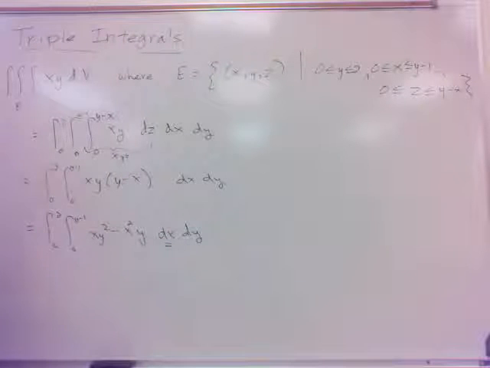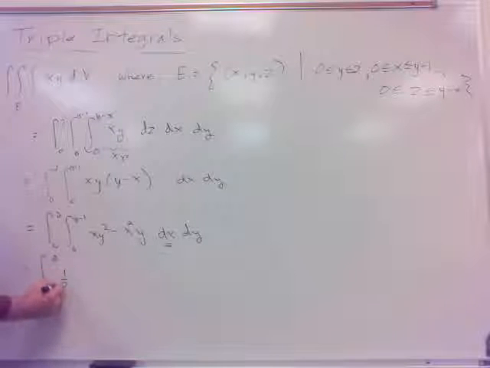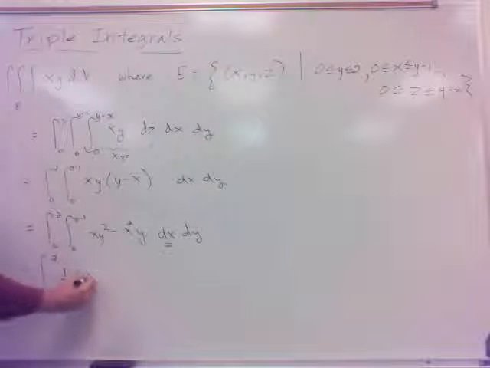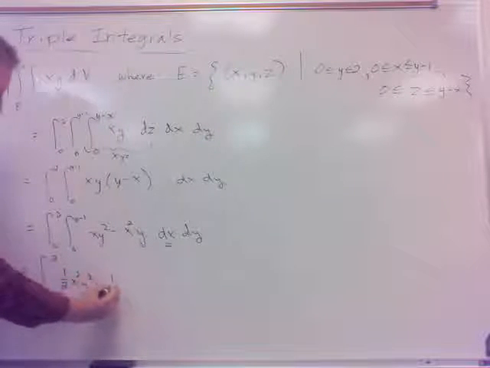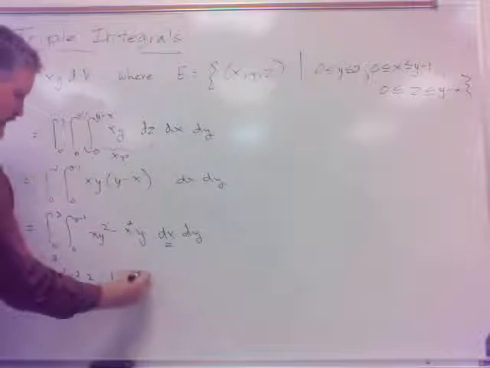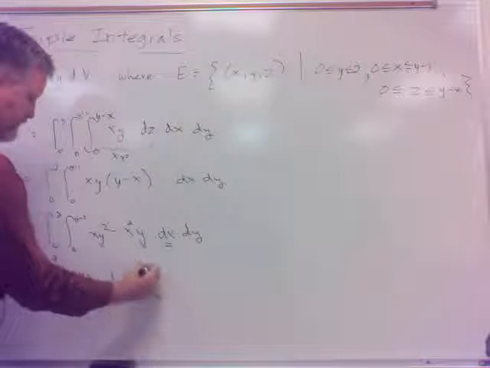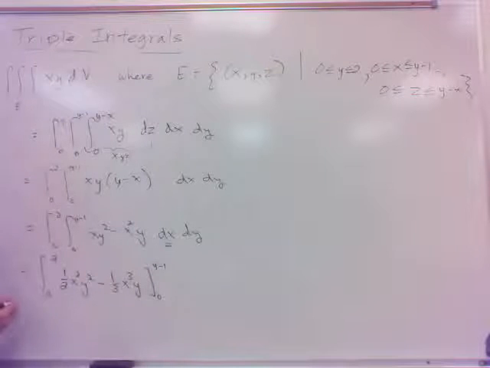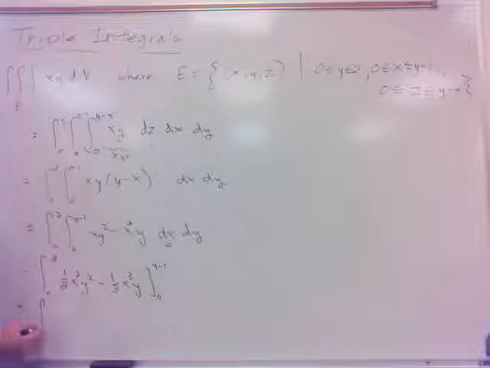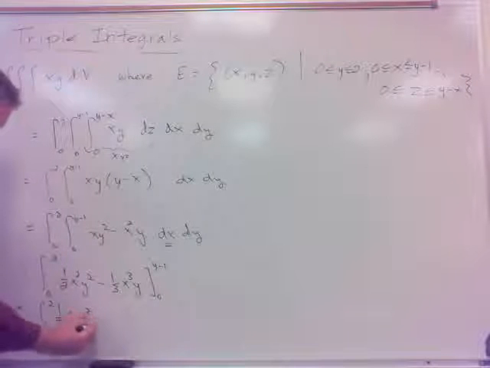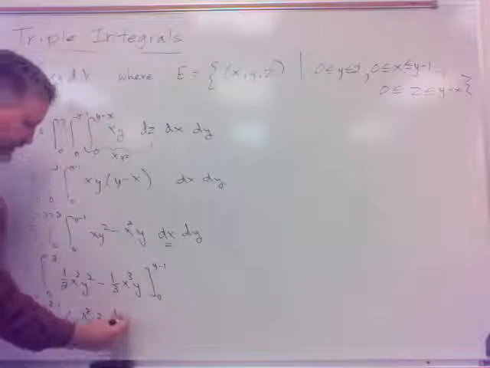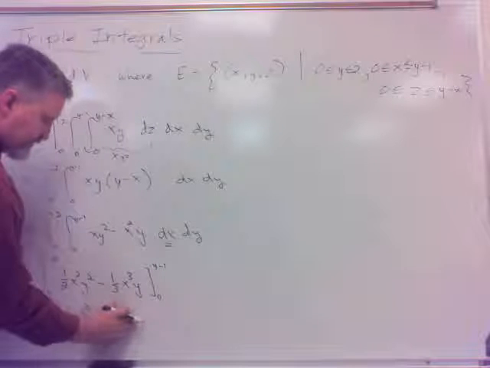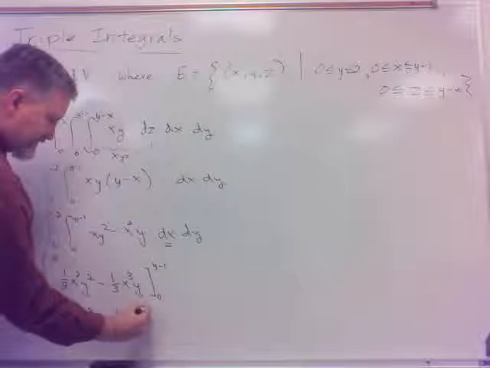Now we're integrating with respect to x, so that would be 1/2 x squared y squared minus 1/3 x cubed y, from 0 to y minus 1. That goes in for x, so we've got 1/2 times y minus 1 squared times y squared, minus 1/3 times y minus 1 cubed times y.